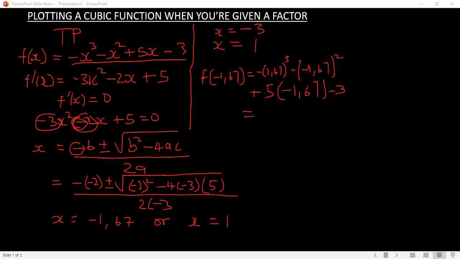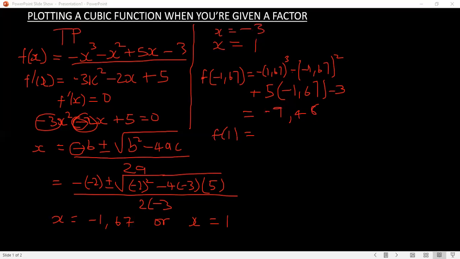So the answer here, and confirm, the answer here is negative 9.48.